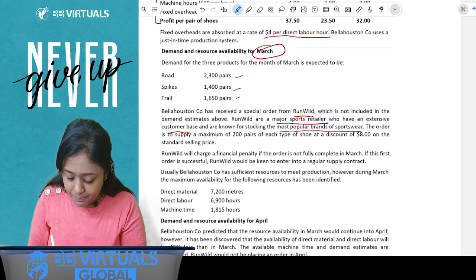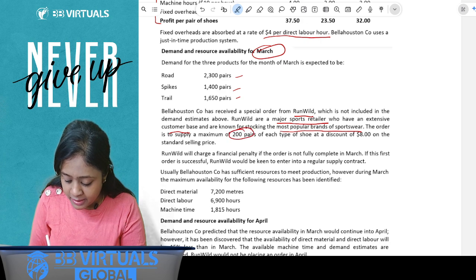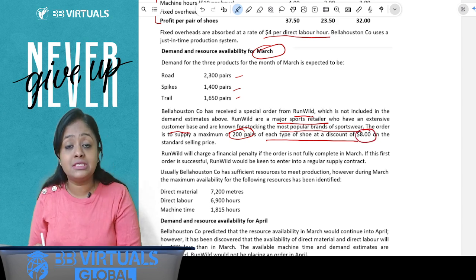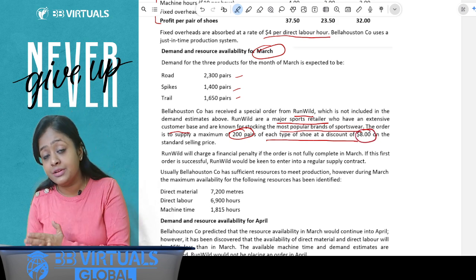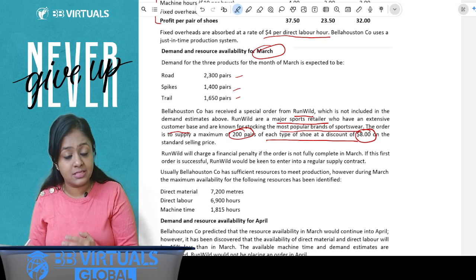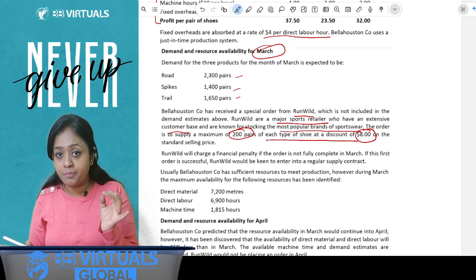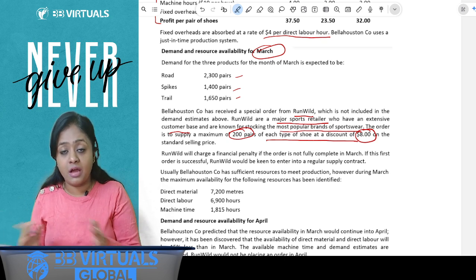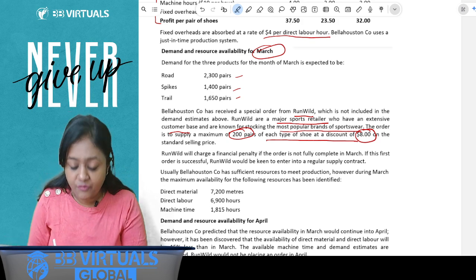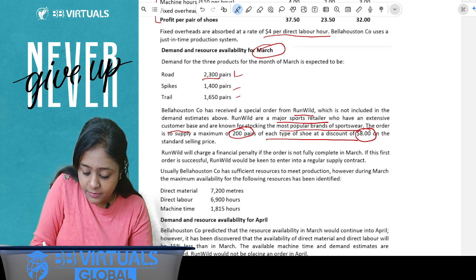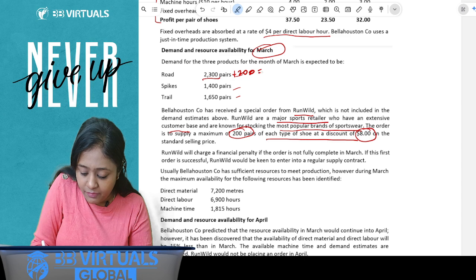The order is to supply a maximum of 200 pairs of each type of shoes at a discount of 8% on standard selling price. That means when we're calculating the selling price for these products, we will reduce 8% from the normal selling price. And if we have to see what is the total production to be done, considering that everything is available and there is no constraint, then for Roads, we will not make 2300 pairs, we will add 200 to it, and actually we will focus on making 2500 pairs.